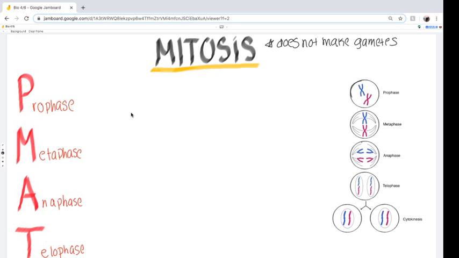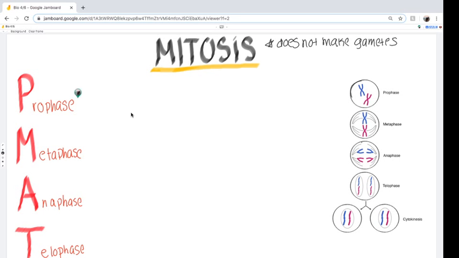The spindle fibers start to form and extend from one centrosome to another, and the centrioles also move to the opposite poles of the cell. So prophase is a busy phase where it preps the cell to divide.